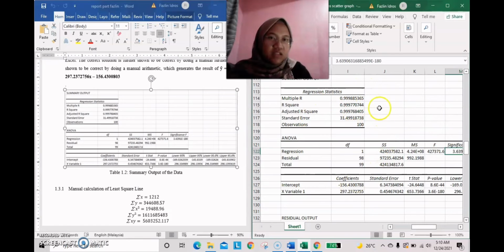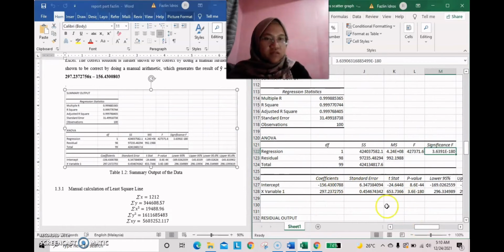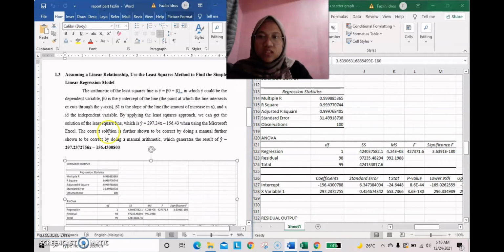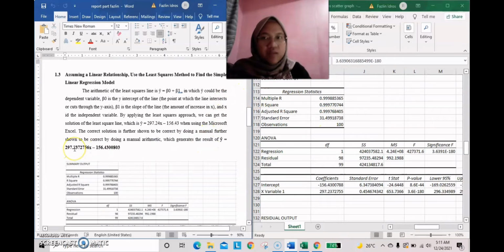In the data analysis, we can see the value of R square, the regression residual, the significance, and the intercept coefficient. As we know just now, the value for y is 297.24x minus 156.43. This value I obtained from the Excel. When I do the manual calculation, I get exactly the same result as the Excel.